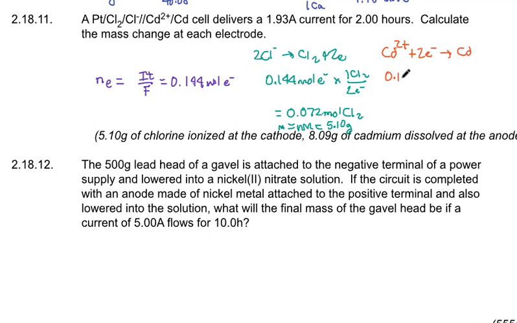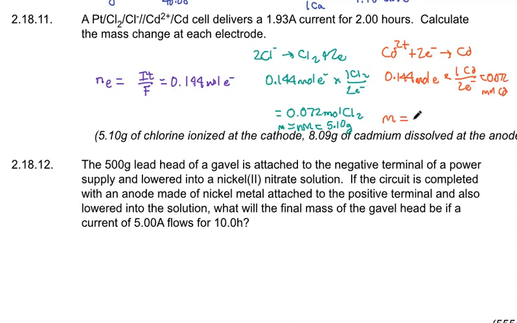So, 0.144 moles of electrons times, it's still a 1-to-2 ratio. We get 1 mole of cadmium for every 2 moles of electrons we put in. 1 cadmium for every 2 electrons. So we're still going to get the 0.072 number, but it's 0.072 moles of cadmium.